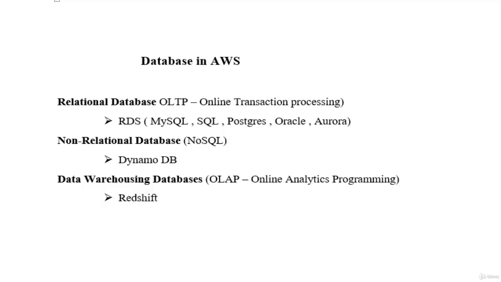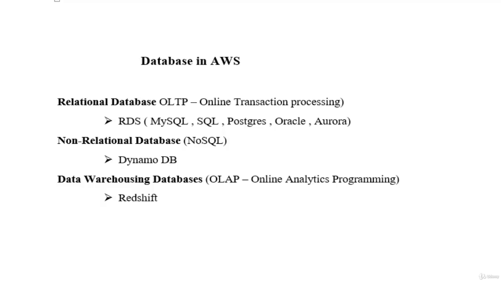OLTP and OLAP are just about how you are going to access your database and for what purpose. OLTP is used when we are trying to access our database for queries, like we just want to know if this user exists, and if it exists, what are the other details, in which row and which column it exists. All those details we can get from online transaction processing.